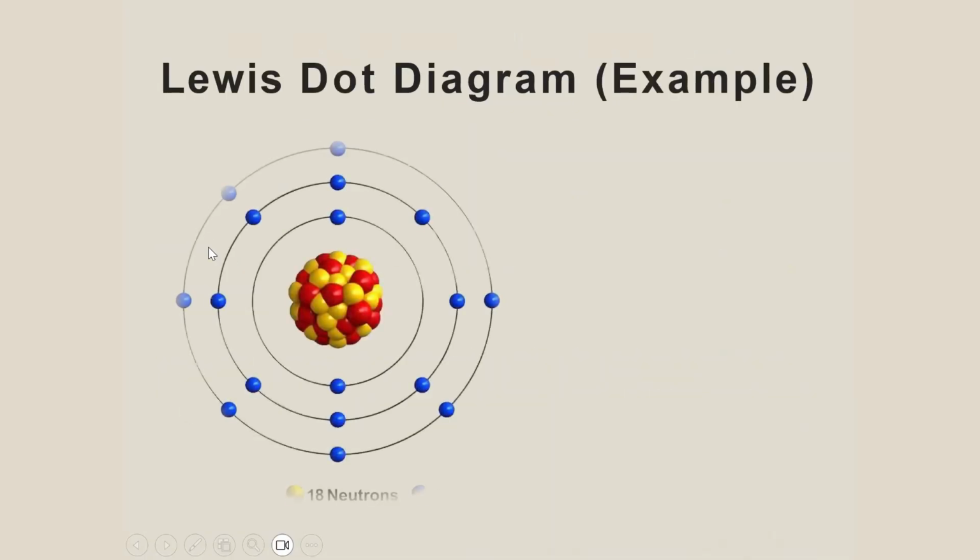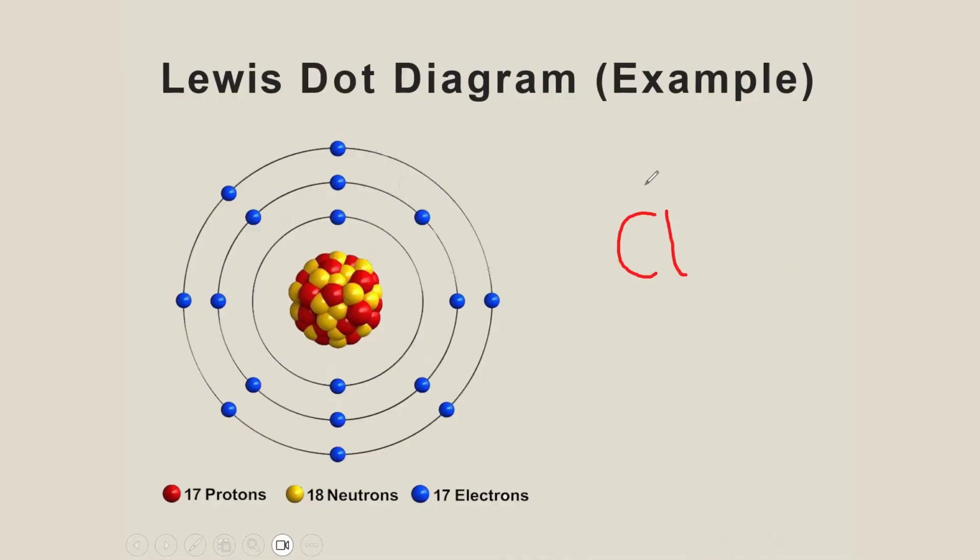Let's have an example. Let's see this atom. The electron configuration of this atom is 2, 8, 7. It has 17 electrons. This is the chlorine atom. To draw the Lewis dot diagram, we write the symbol of chlorine, Cl, and then we have 7 electrons at the outermost shell, 7 valence electrons.